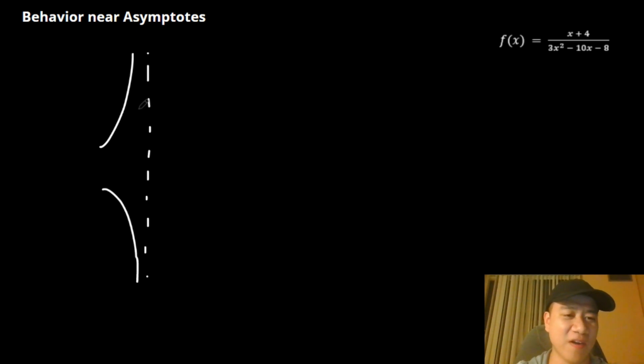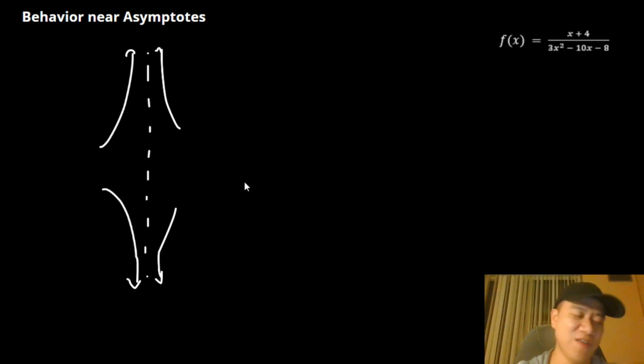So on the left side it either goes up or down, and on the right side it also goes either up or down. When we analyze the behavior, we're trying to figure out on either side which one it's going to be. Is it going to shoot up like this or down like that on the left, and on the right, is it going to shoot up like this or down like that?